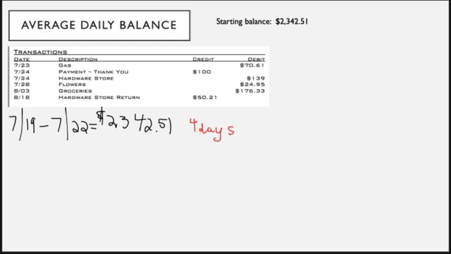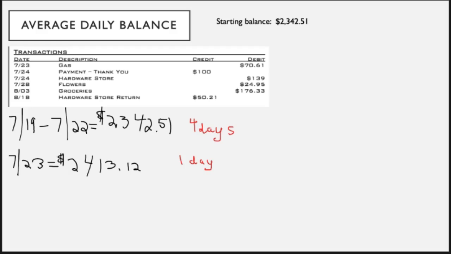Then you'll notice here that on July the 23rd, you went and bought gas, and it was $70.61. Pretty big gas tank, huh? And expensive gas. And that's going to increase your balance, right? So whereas your balance yesterday was $2,342.51, it's going to increase by $70.61.